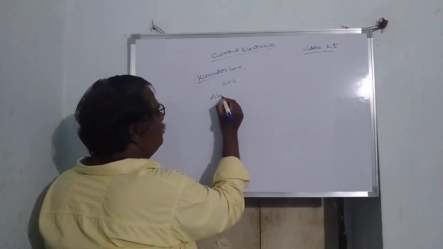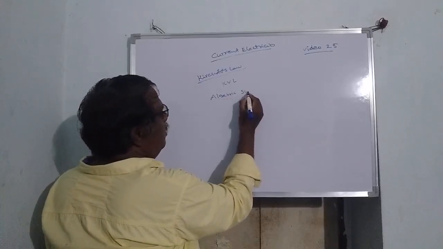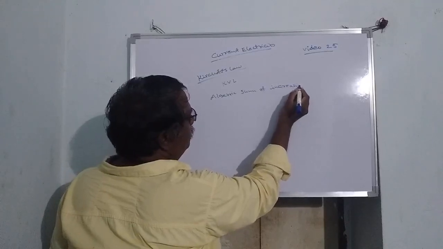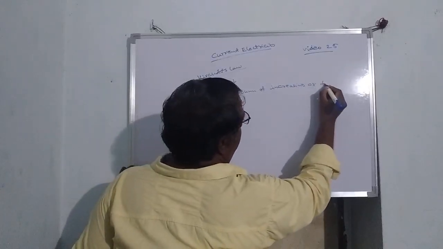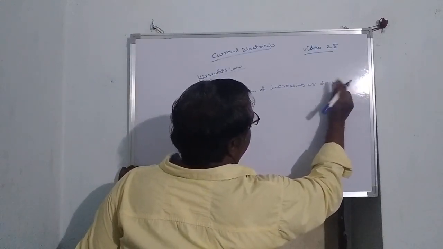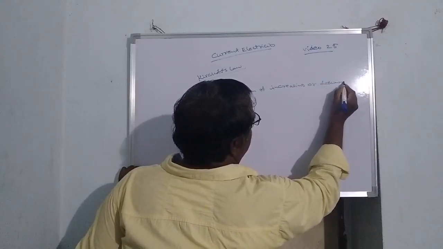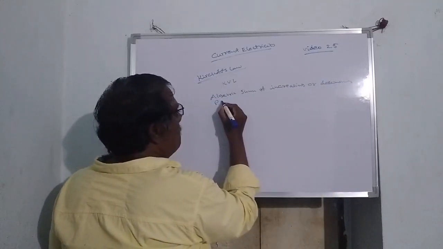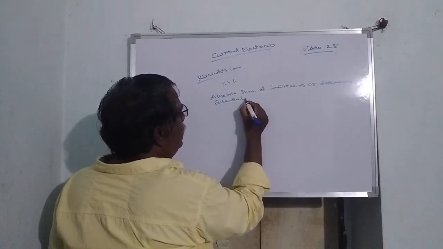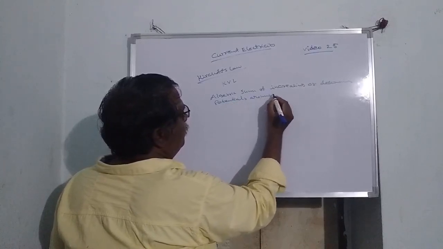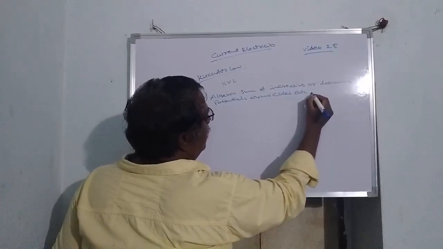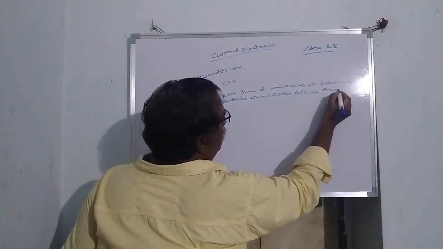The algebraic sum of increasing or decreasing potentials around a closed path is equal to 0.